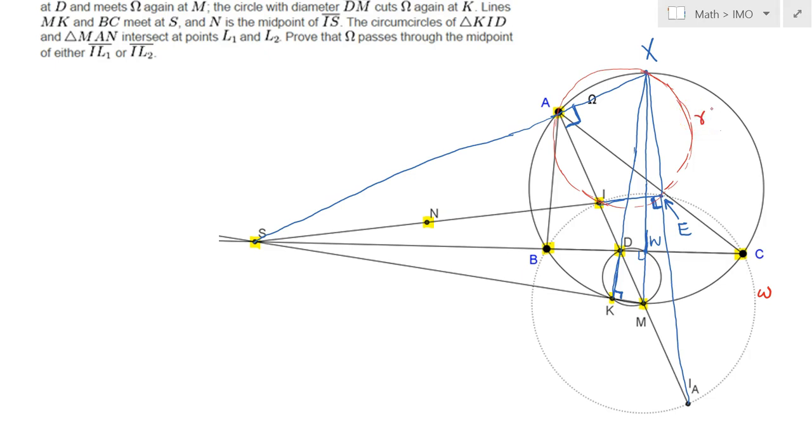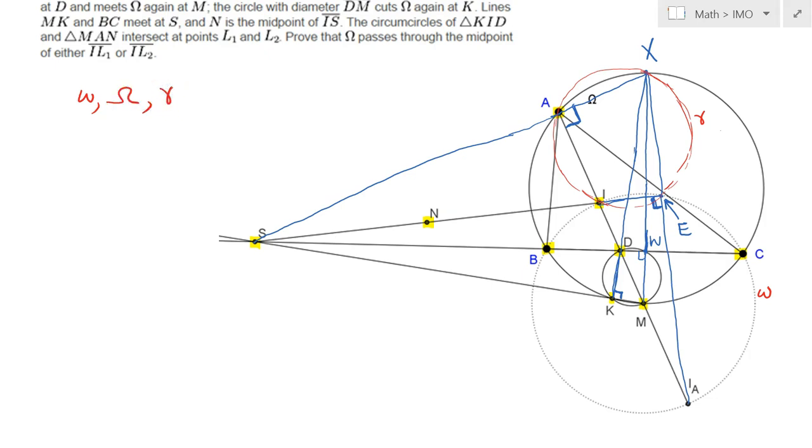So notice that the lines, I claim, XA, EI, and CB will all meet at the same point, the radical center S. Why would that be? Because look at these three circles, and consider circles little omega, capital omega, and gamma.